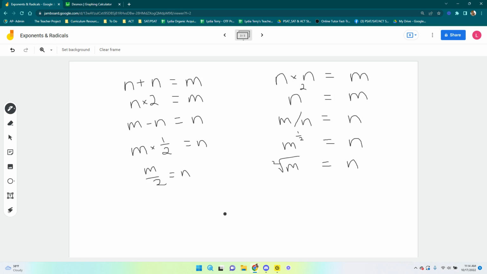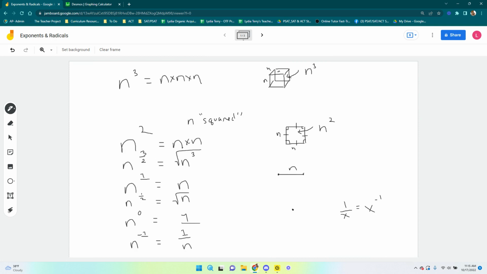So let's do x to the y is equal to z. X to the y over w is equal to z. And then we could say that z would be equal to the w root of x to the y. Okay? All right.